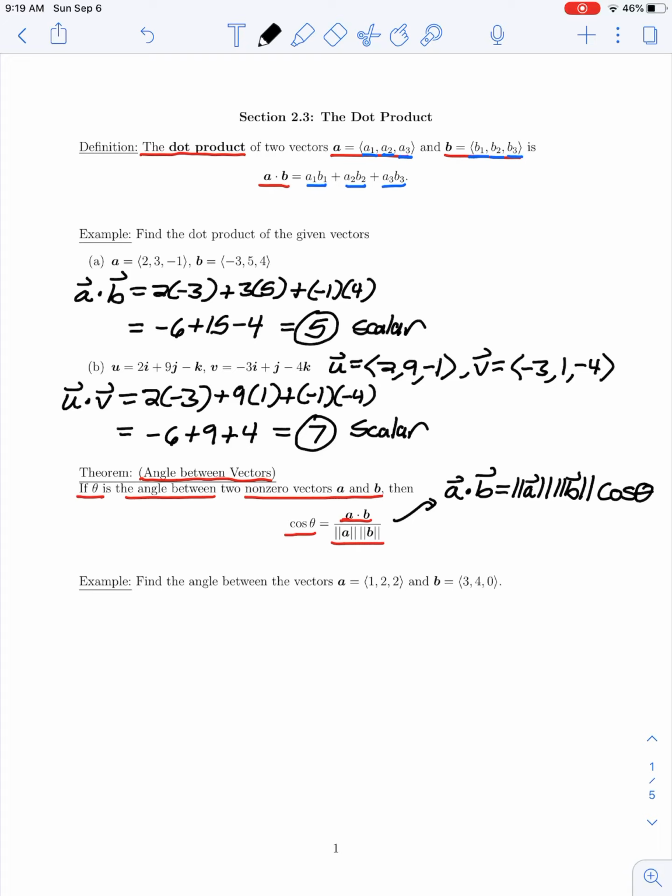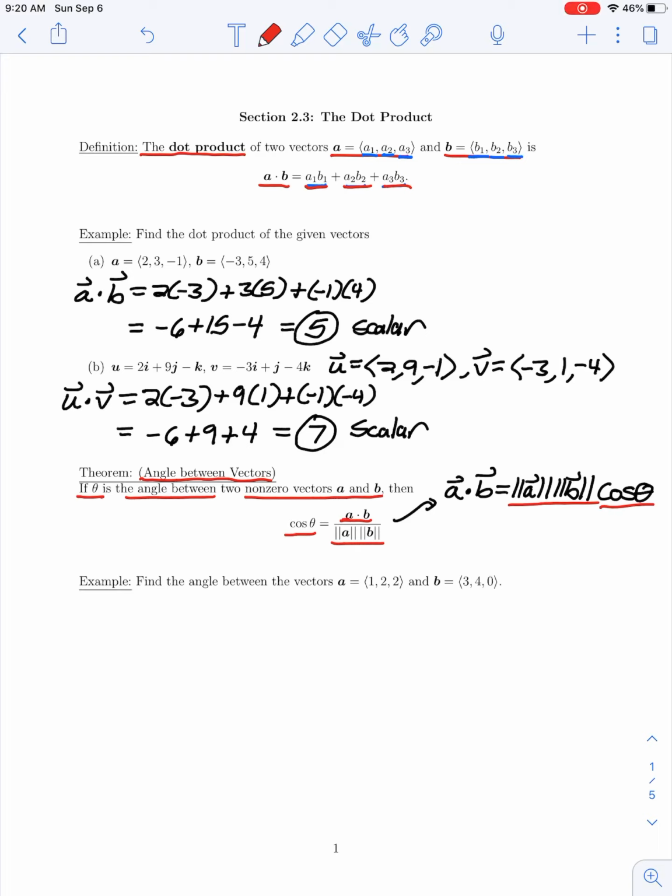So this theorem also gives us an alternative formula for the dot product. So here, two ways that we can think about defining the dot product. Either using this first definition as the sum of the products of the components of our vector, or using this new formula, the dot product can be thought of as the product of the magnitudes of our vectors times cosine of the angle between those vectors.